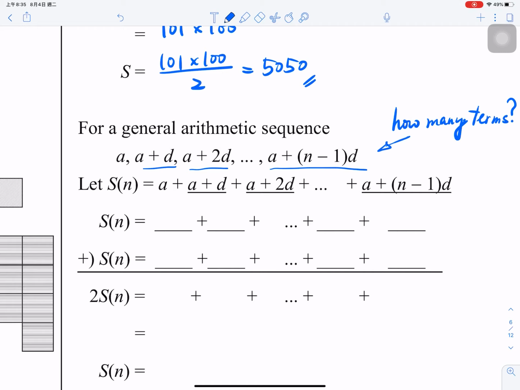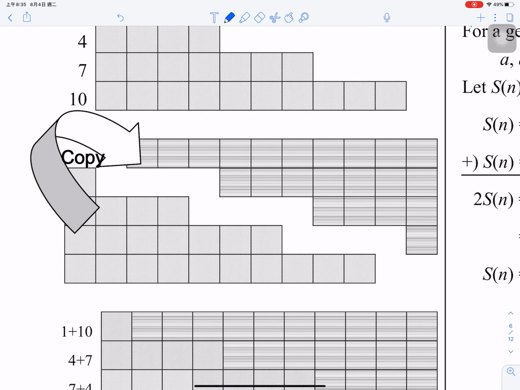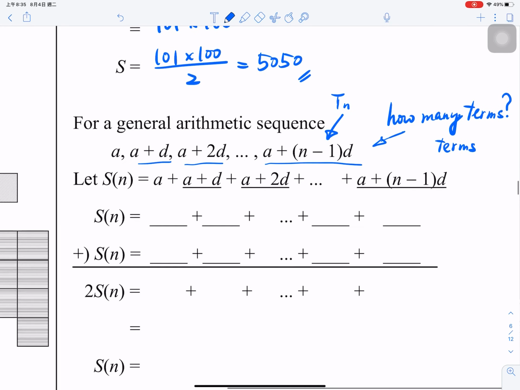Good. There are n terms, because this one is Tn, the nth term. Here Tn, so n terms.